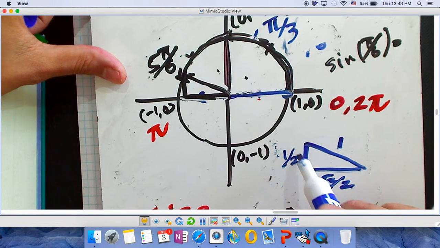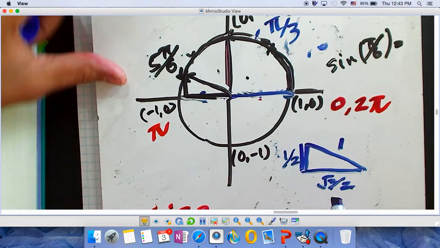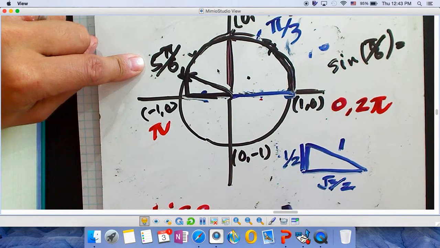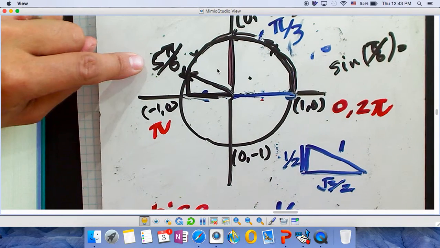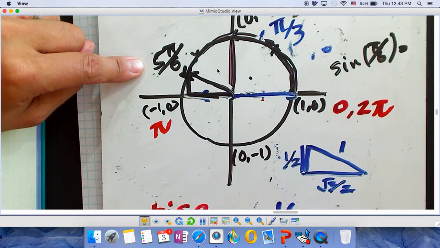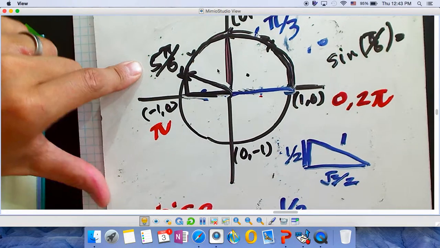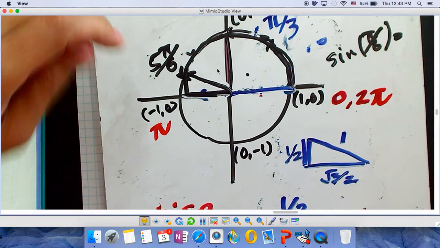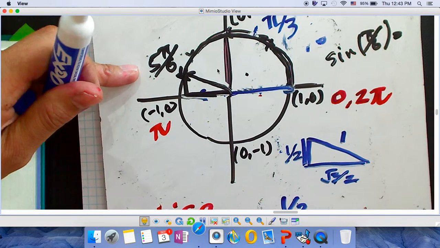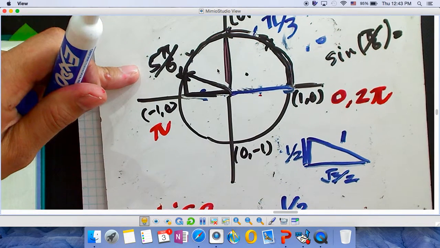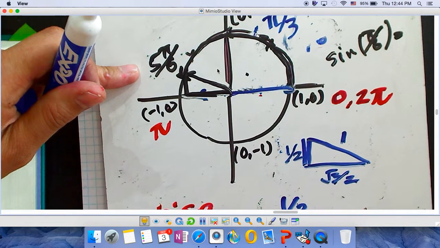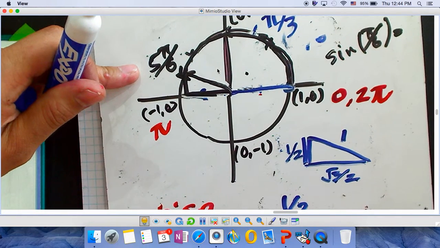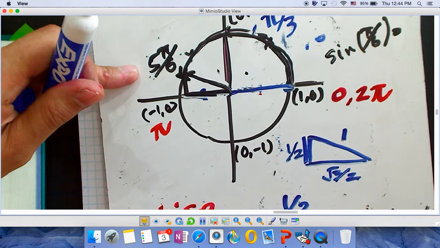So rise is half. In other words, sine of 5 pi over 6 is half, and run, or cosine of 5 pi over 6, is square root of 3 over 2. And if you do the calculation, 1/2 divided by square root of 3 over 2, which is the same as half times the reciprocal, cancel out, making 1 over square root of 3.